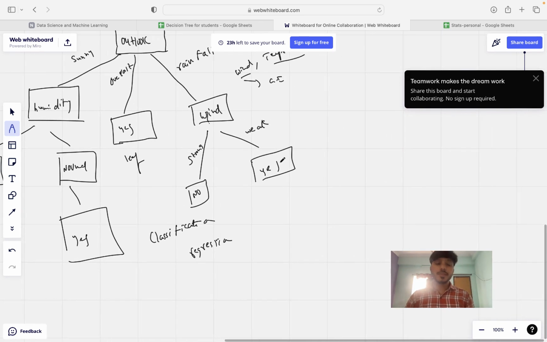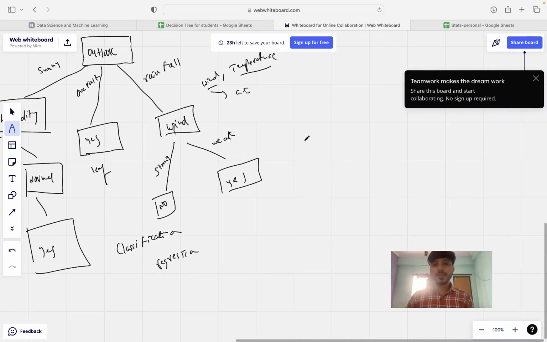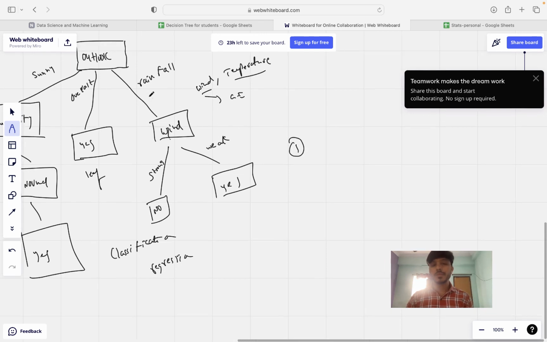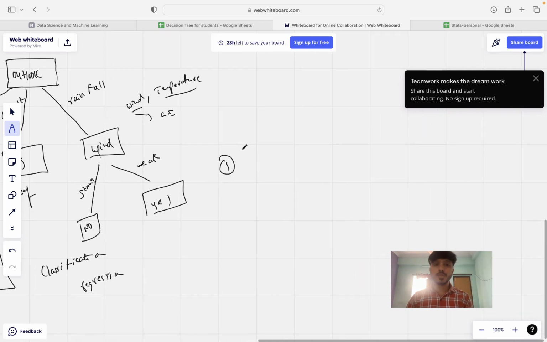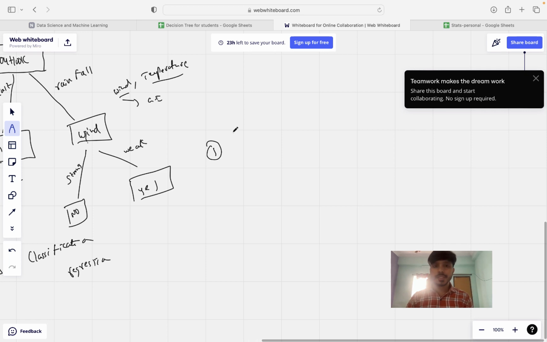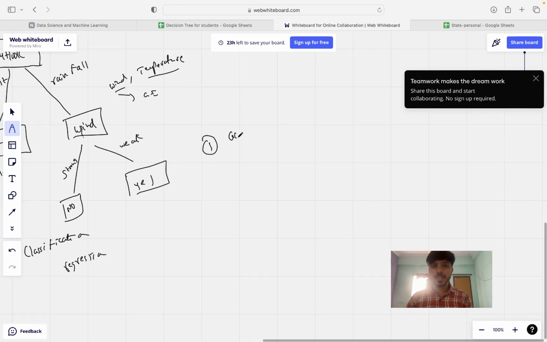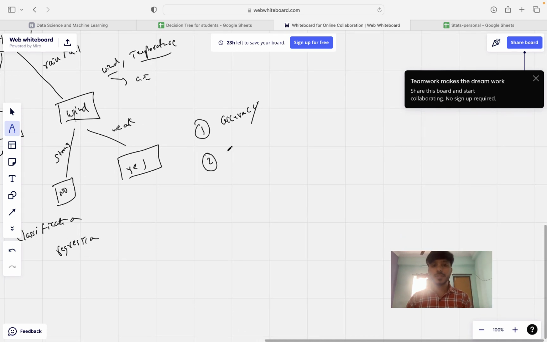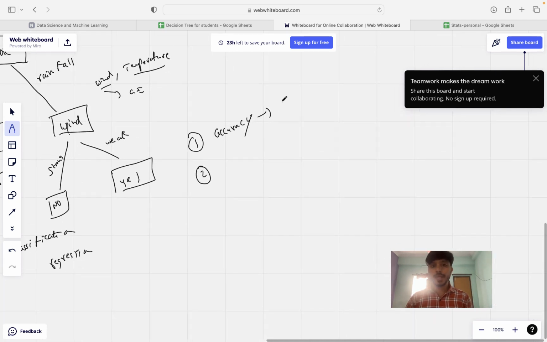Okay, next is how do you evaluate the performance of the decision tree model. If it is a classification problem, you would check accuracy, and you would check if the data is imbalanced.